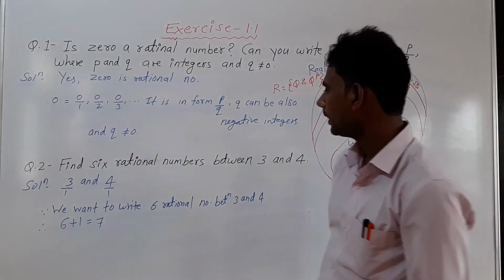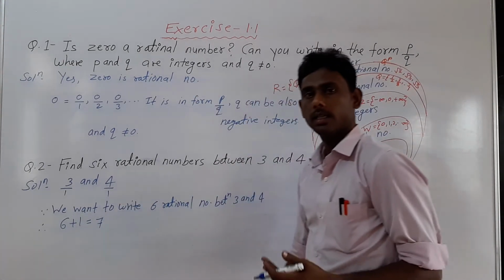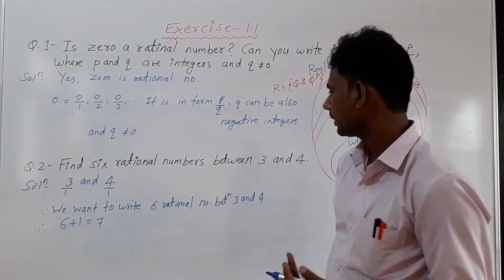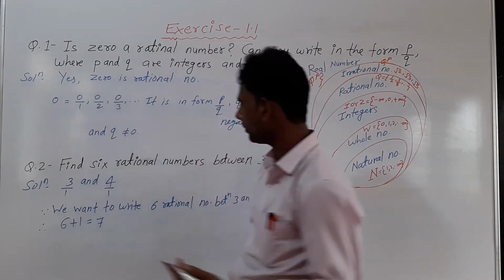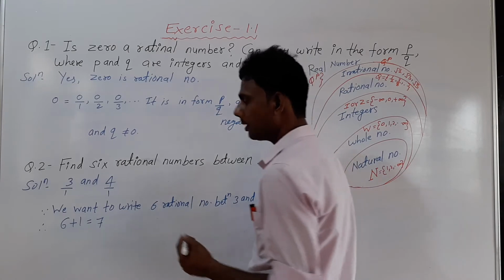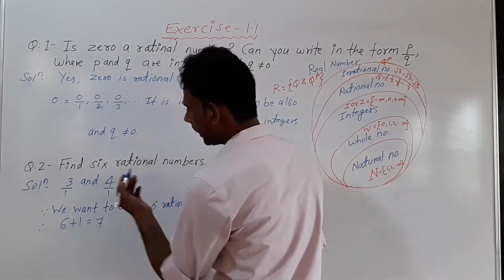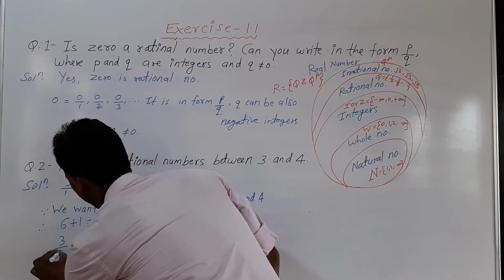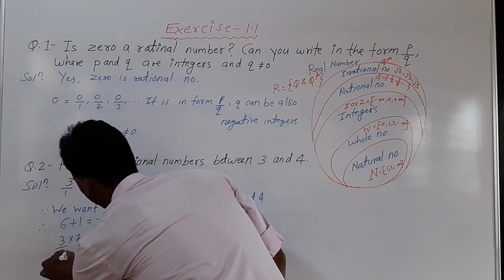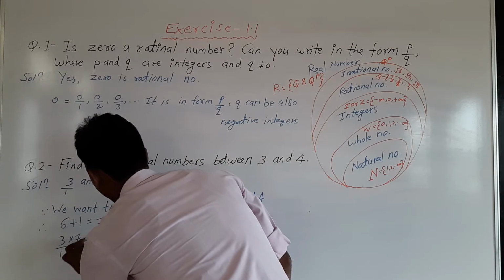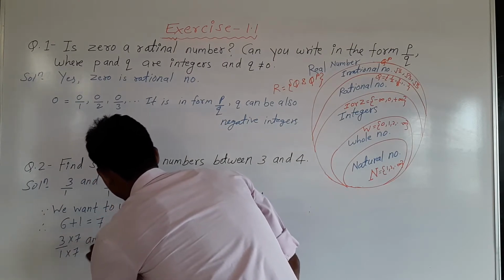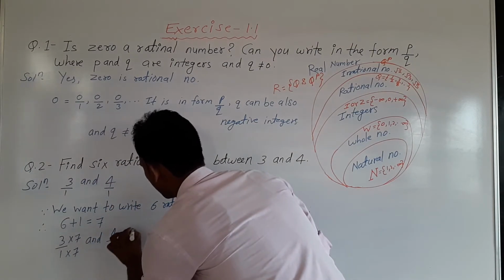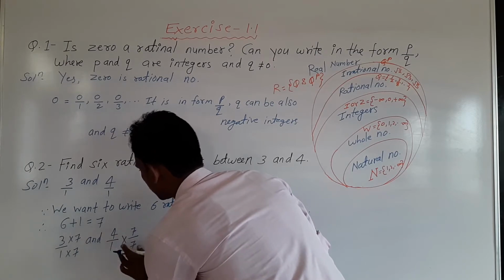So you multiply the numerator and denominator by 7. Now it will be 3 upon 1 multiplied by 7 upon 7, and 4 upon 1 multiplied by 7 upon 7.